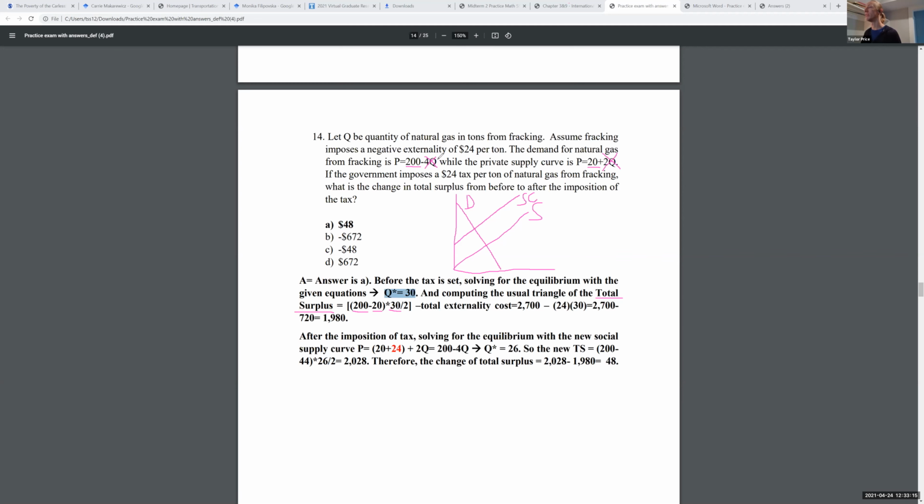If one of these is not multiplying by quantity, like for example, if this one was just 200 minus 4, that would not work, because the multiplying by 0 quantity is required for you to be able to just use these two to get to this kind of total surplus cheat here.